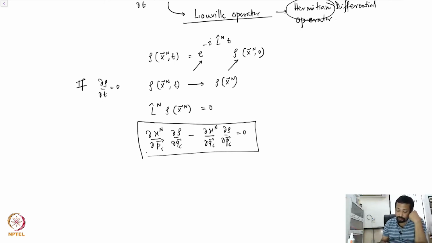This can only happen when rho is a function of Hn.